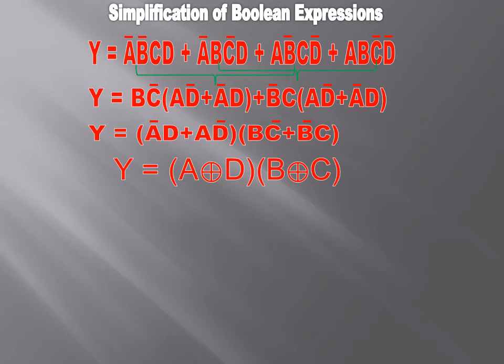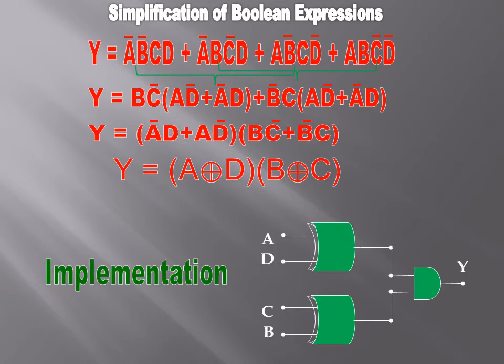Now the Y function is simplified to A exclusive OR D and B exclusive OR C. If we have the circuit for this implementation, it is a very simple circuit: one AND gate and two exclusive OR gates implement the same function.